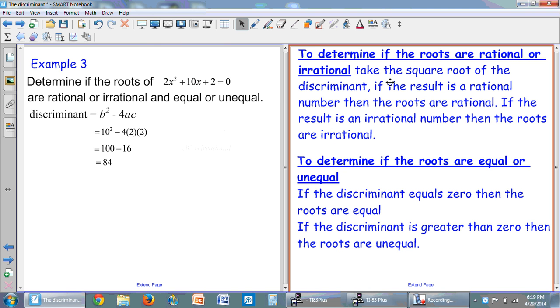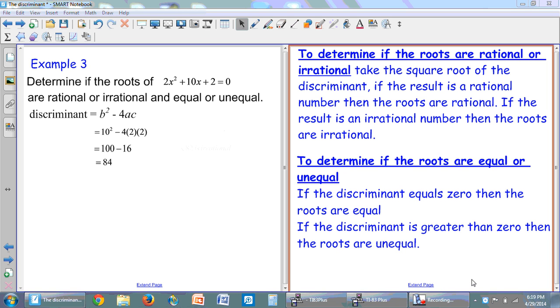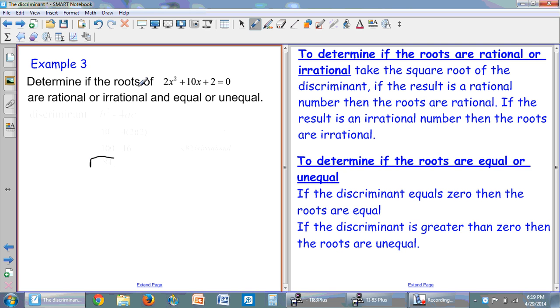So if you want to determine if the roots are rational or irrational, take the square root of the discriminant. If the result is a rational number, then the roots are rational. If the result is an irrational number, then the roots are irrational. So basically, take the square root of 84. What do you get when you square root 84?